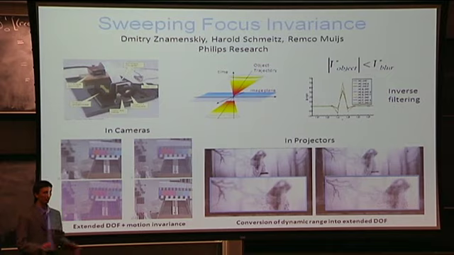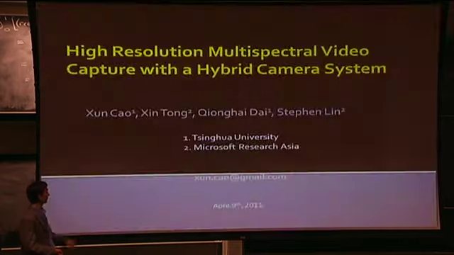This camera always produces blurred images, but the blur is somehow insensitive to the depth and also insensitive to motion of objects. And therefore it can be removed together with the depth and motion information. So you will see sharp images, either in projectors or in camera applications.